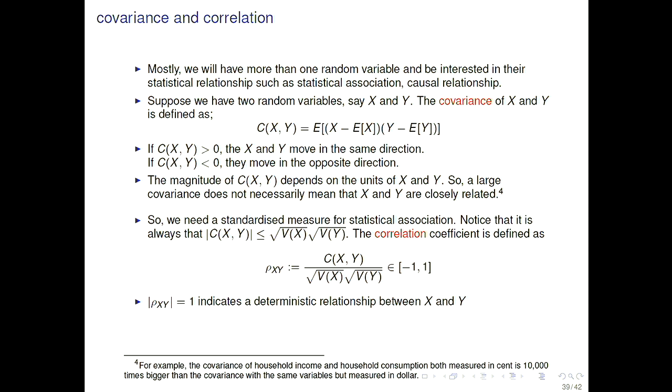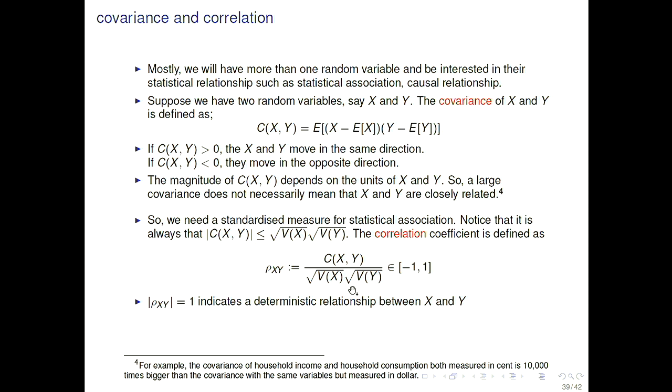So when we have a large covariance, we cannot say the relationship is very strong, because it might be the case that we are using a different unit. We are using cents instead of dollars, right? So it will be nice if we have a measure of relationship that doesn't depend on the choice of unit. So that is what this correlation coefficient is doing.